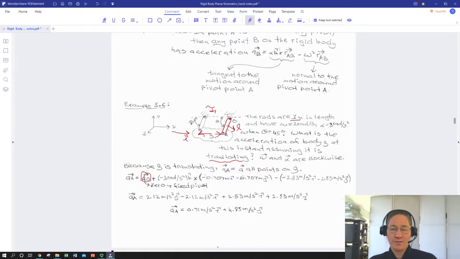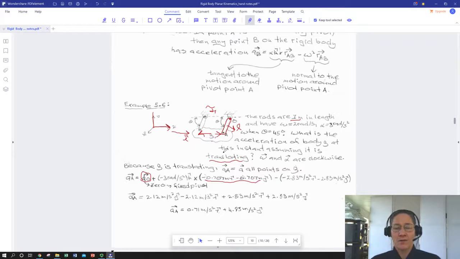And because we've got a reference frame, I hat increasing to the right and J hat increasing upwards, these are 45 degrees, so we're going to have a radius vector from O to A of negative 1 meter cosine 45 minus 1 meter sine 45, which we've got here.